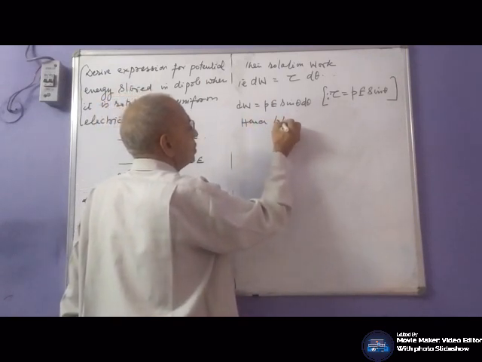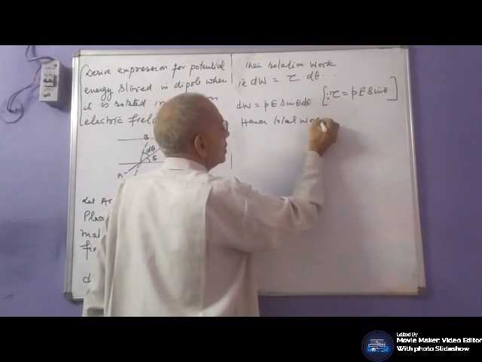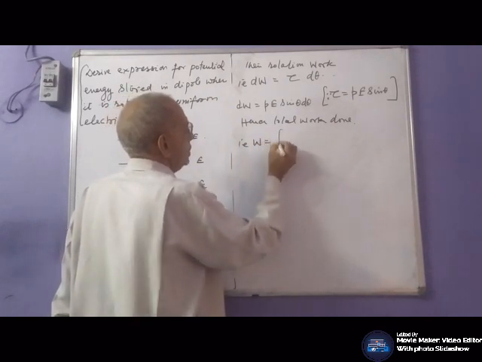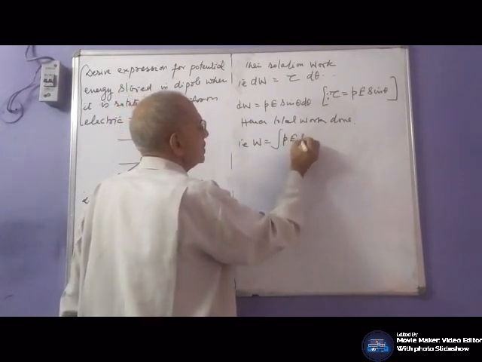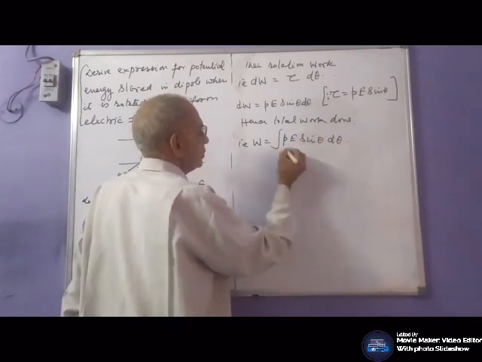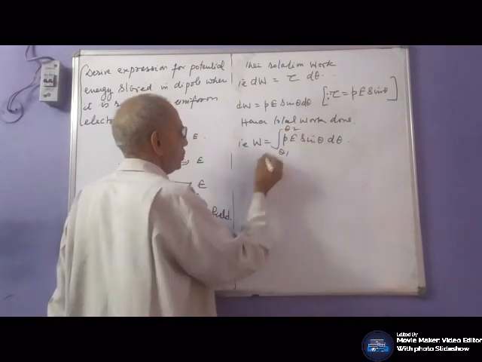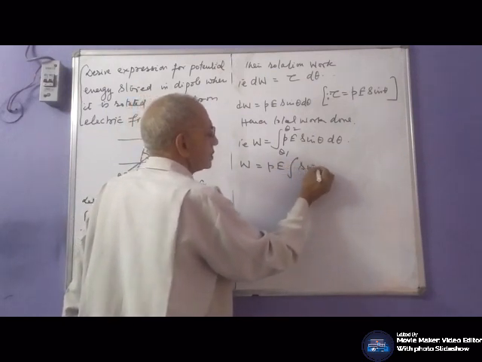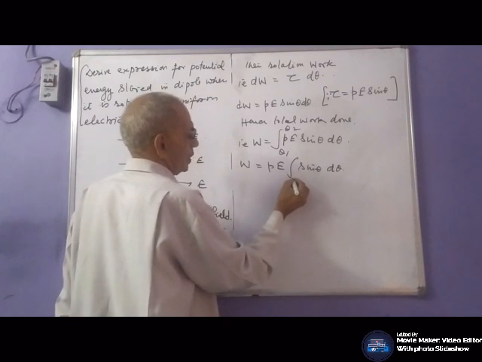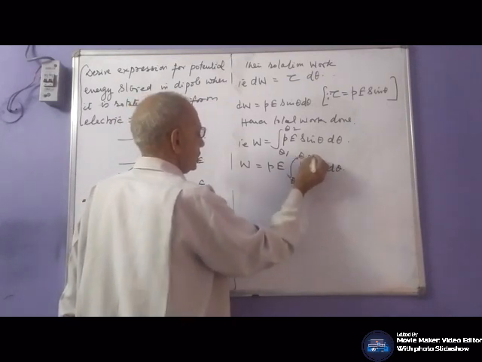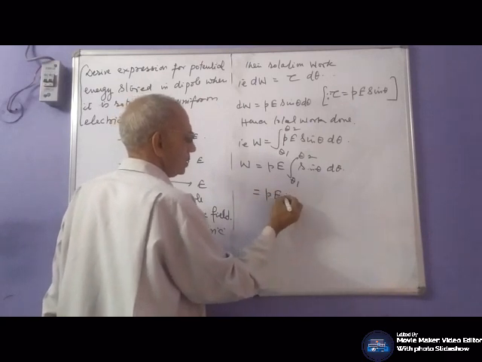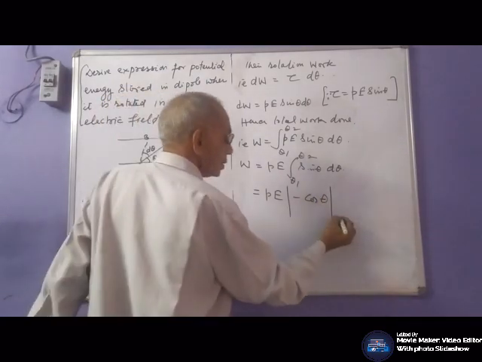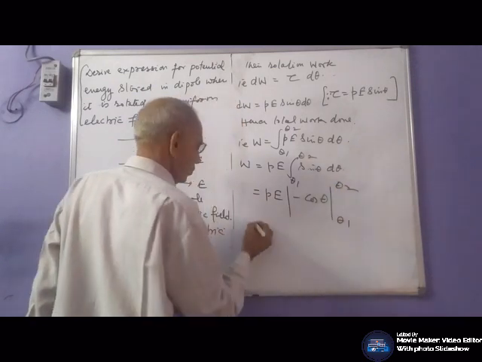Hence, total work done, that is W, is integration of PE sin theta d theta from theta 1 to theta 2. PE is constant, outside, sin theta d theta, theta 1, theta 2. PE minus cos theta, theta 1, theta 2, minus outside.